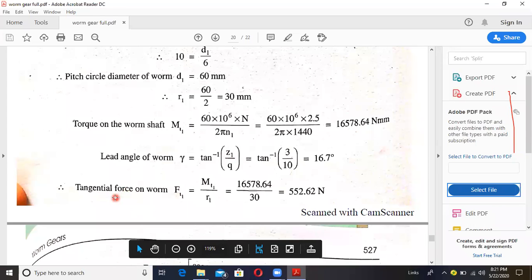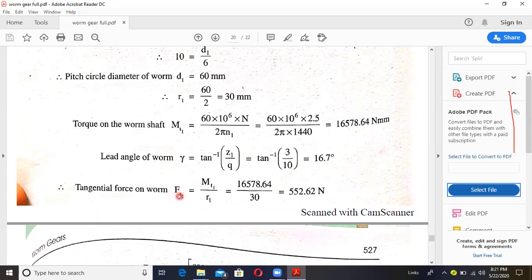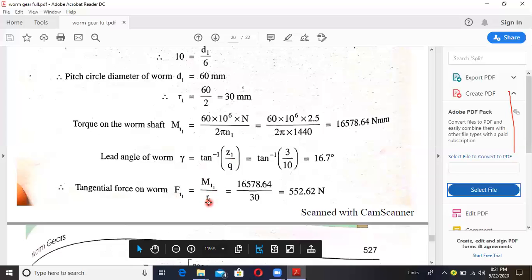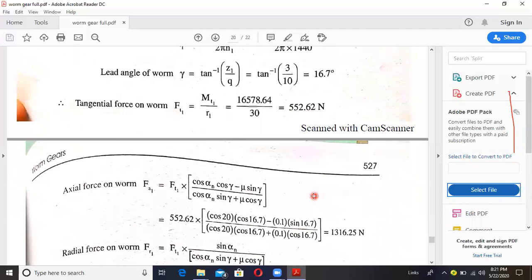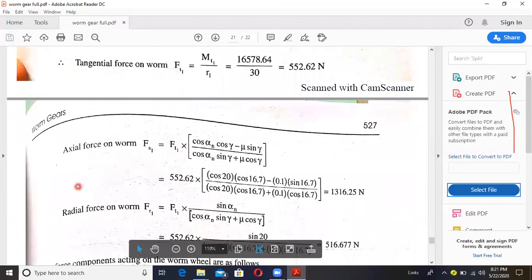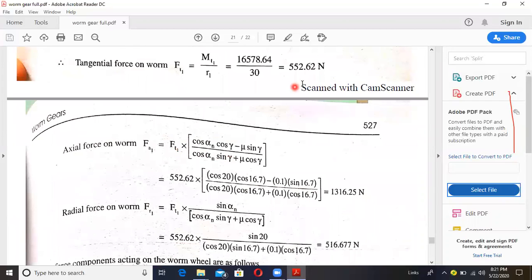First, we will calculate the tangential force on the worm, that is Ft1 is equal to Mt1 by r1. Substitute Mt1 and r1, then we will get the tangential force 552.62 Newton. Next is the axial force. The axial force on the worm is Fa1 is equal to Ft1 into this formula. Here Ft1 was calculated in the previous step, that is 552.62.